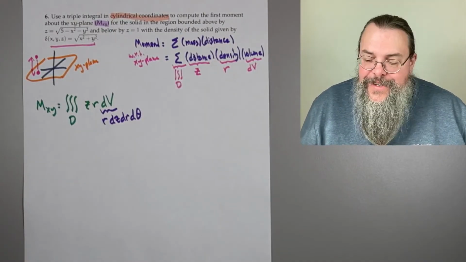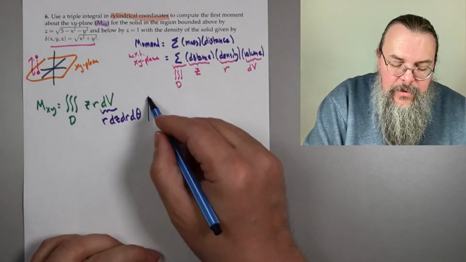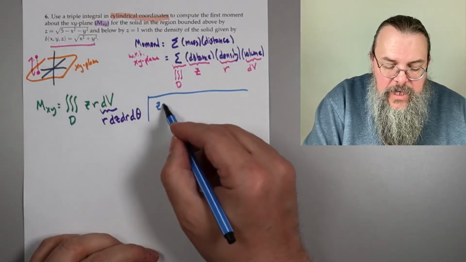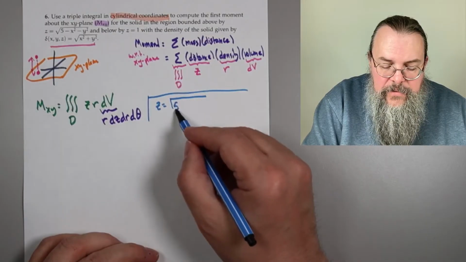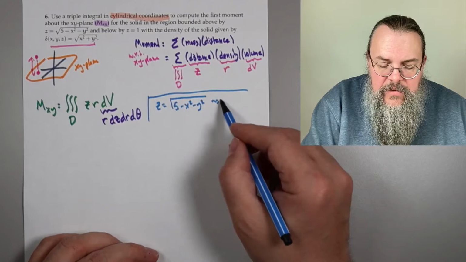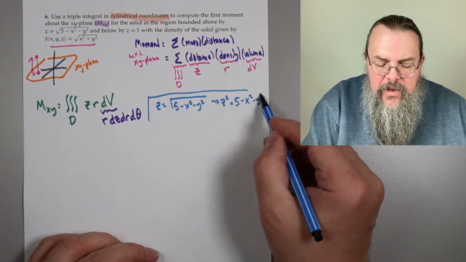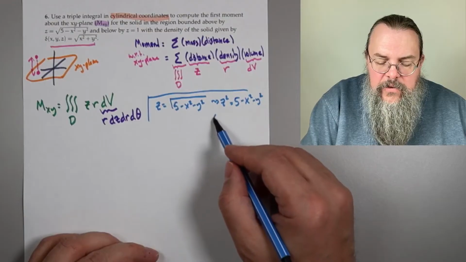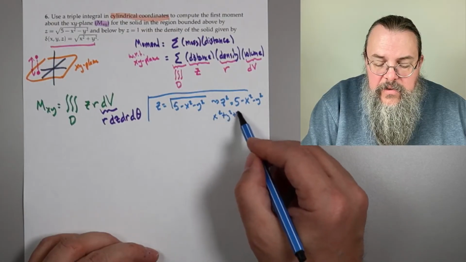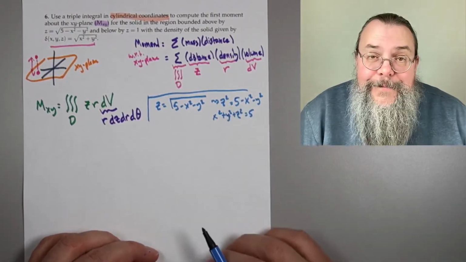It's a sphere. If you were to square both sides, z equals the square root of 5 minus x squared minus y squared could be written as z squared equals 5 minus x squared minus y squared, or x squared plus y squared plus z squared equals 5. Okay, so it's a sphere of radius 5.